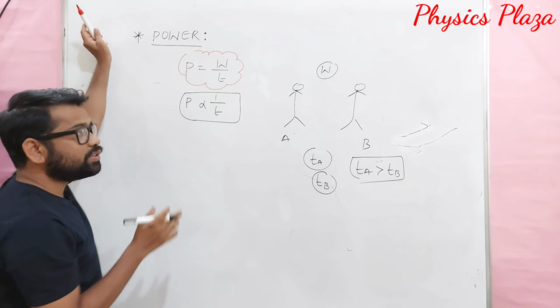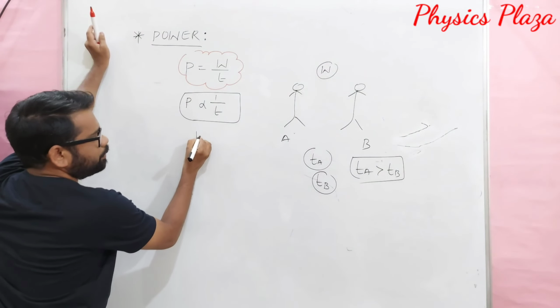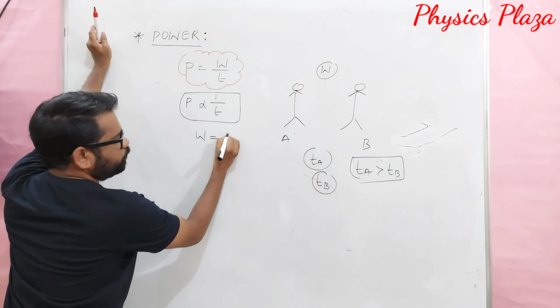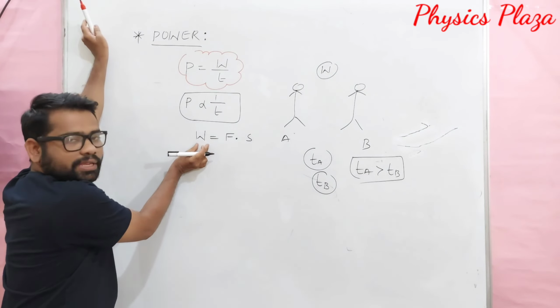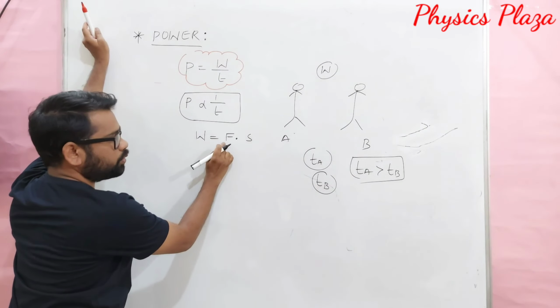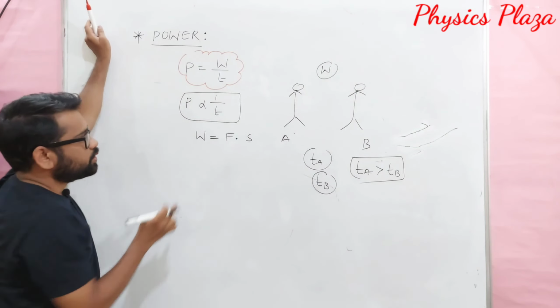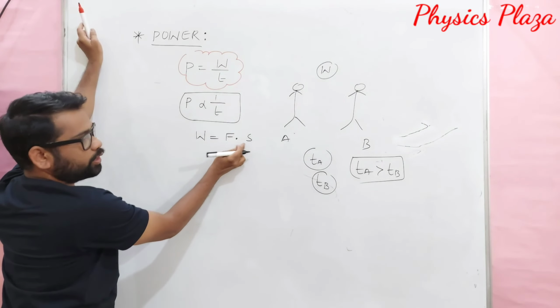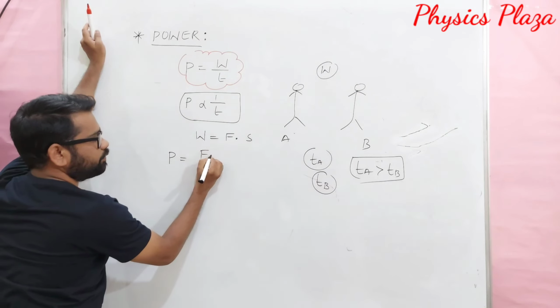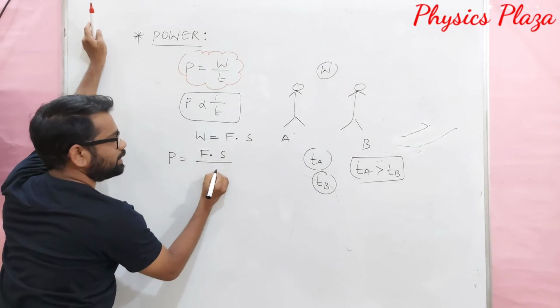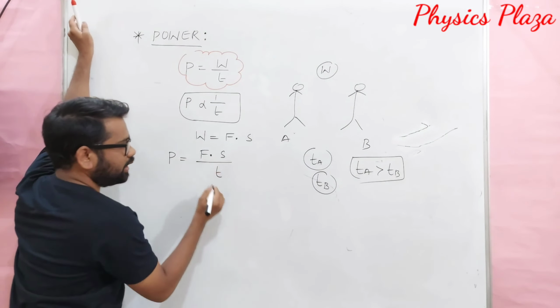Children, as we know, W is equal to F dot S. We already discussed this in the previous sessions. Work is the dot product of force and displacement. So in place of W, let us substitute F dot S. What can we get? P is equal to F dot S by T. Children, can I write like this?